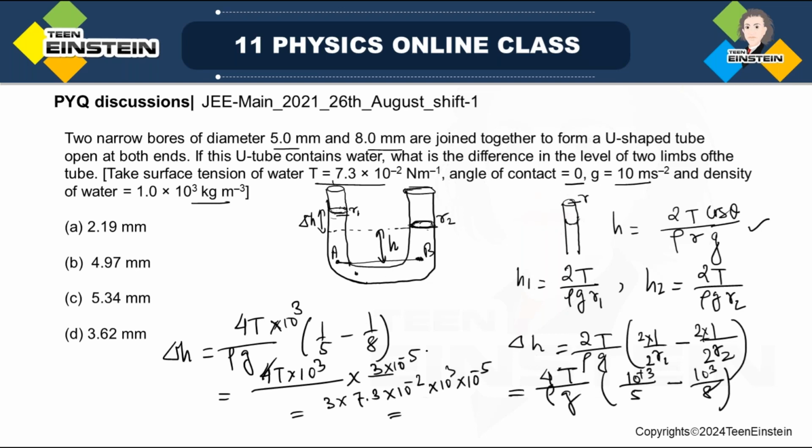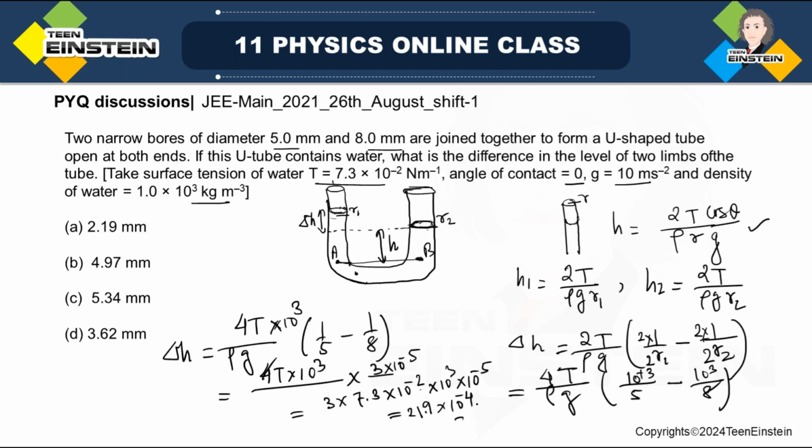10 to the power 3, 10 to the power 5, 10 to the power minus 5. Okay, fine. So here I get this much, and I get 10 to the power minus 4.